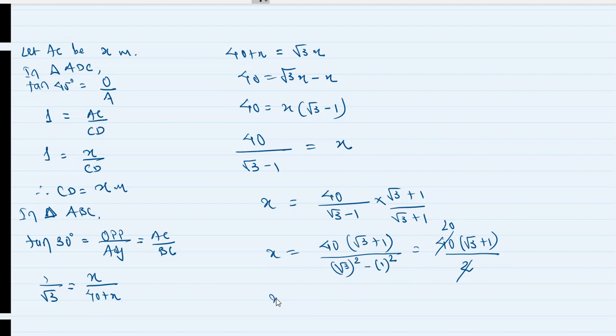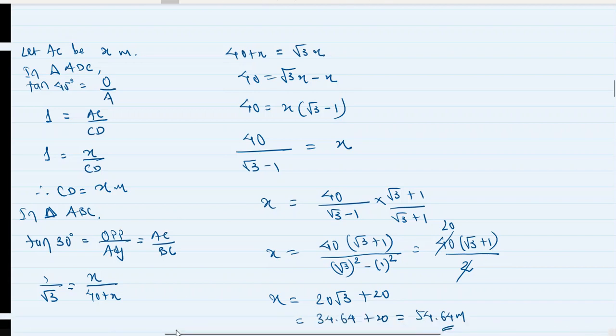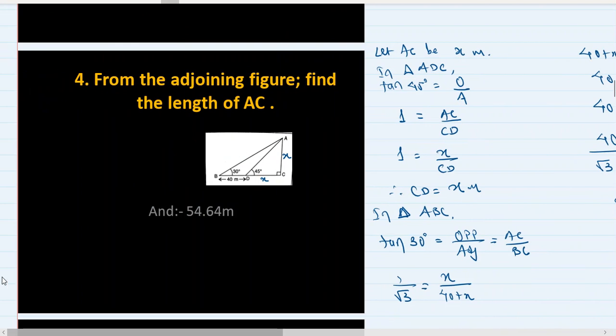So we get x is equal to 20 root 3 plus 20. Now 20 root 3 is 20 multiplied by 1.732. That is 34.64 plus 20, which is 54.64 meters. That is the value of x, which is AC. We had to find AC, 54.64 meters.